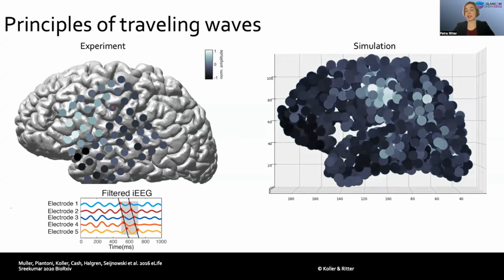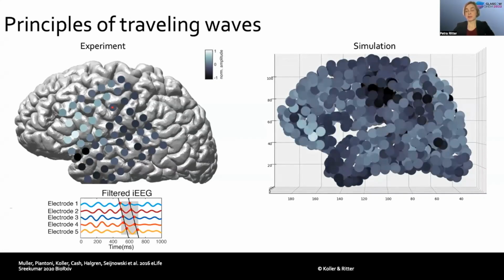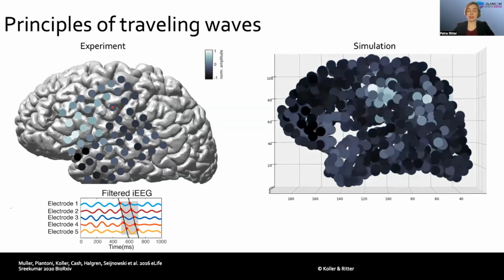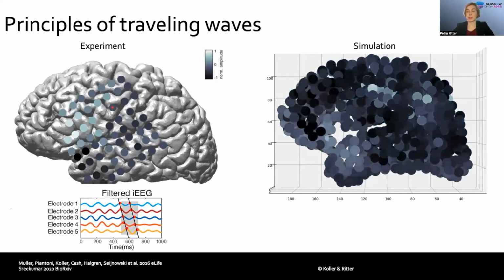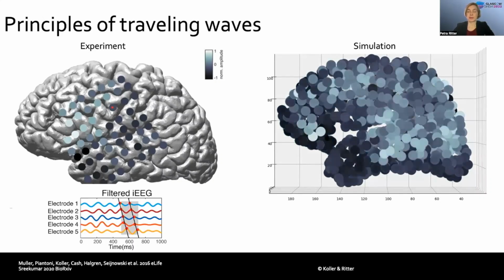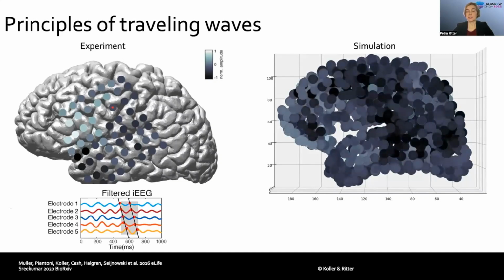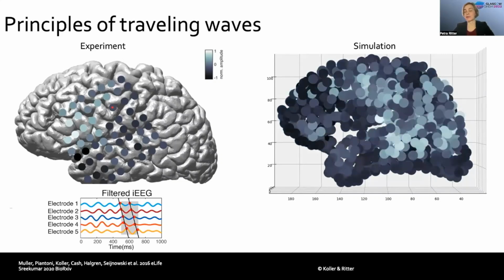Understanding the principles of how traveling waves emerge, and how their direction and speed change, has implications not just for the effective connectivity, but also for synchrony across the brain, which may be relevant for plasticity and learning. These causal relationships can only be studied using complex dynamical systems theory.